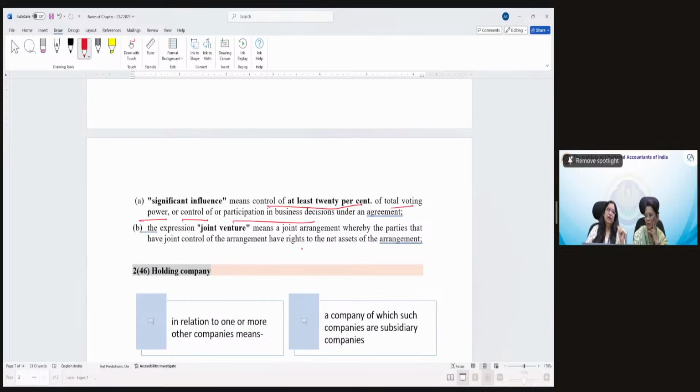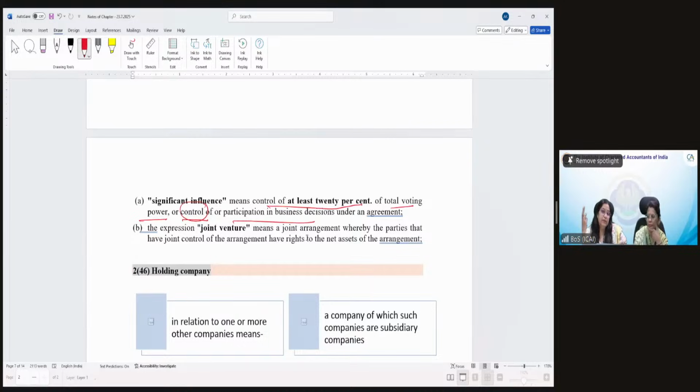Earlier we read somewhere in the promoter's definition: on whose directions the board is accustomed to act, whoever controls the affairs of the company. Whenever there has to be control, it will be either by way of shareholding or by controlling the composition of the board of directors. So here we are saying just 20% of total voting power.